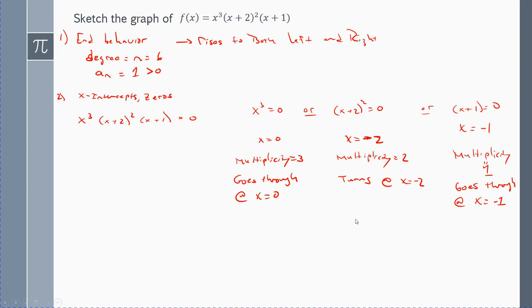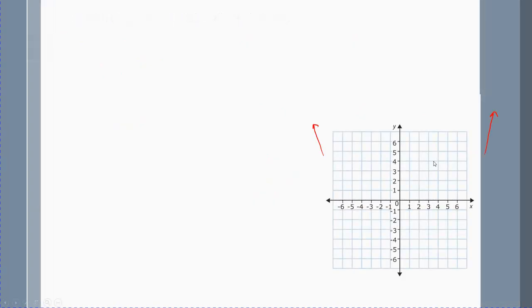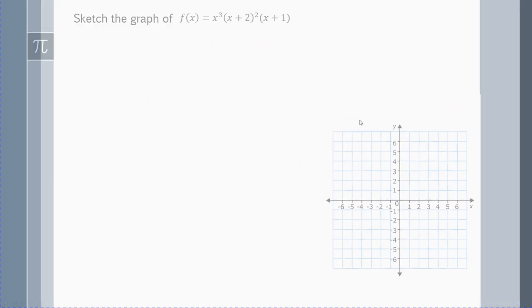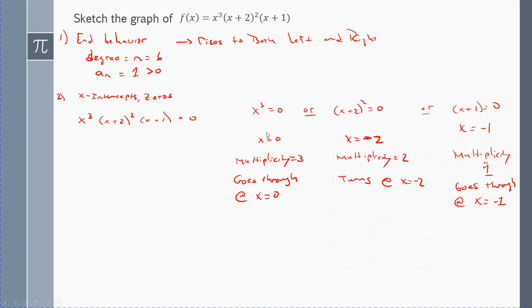So I've got 3 x-intercepts: negative 2, negative 1, and 0. It turns at negative 2.